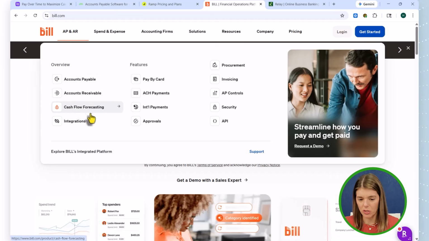I haven't explored it too much, but I'm excited to dive into that a little bit more because I love a good cash flow forecast. So you do have the ability to forward with email. Really, all these systems have the ability to forward with email to your Bill.com account, and then you can schedule payments and pay bills. You can set up pretty complex approval workflows in Bill.